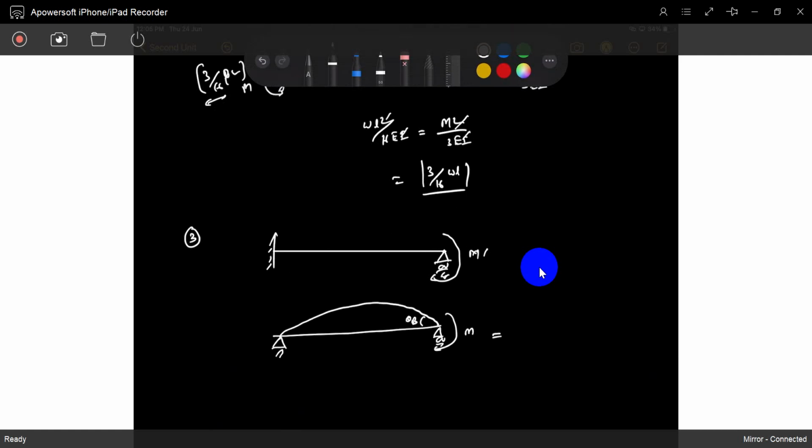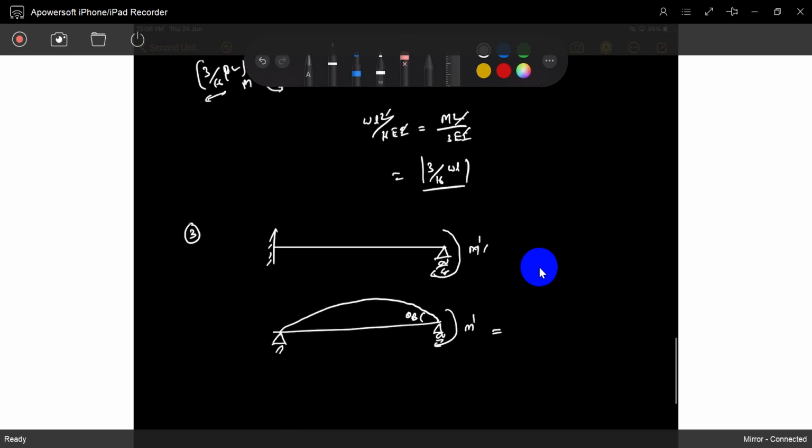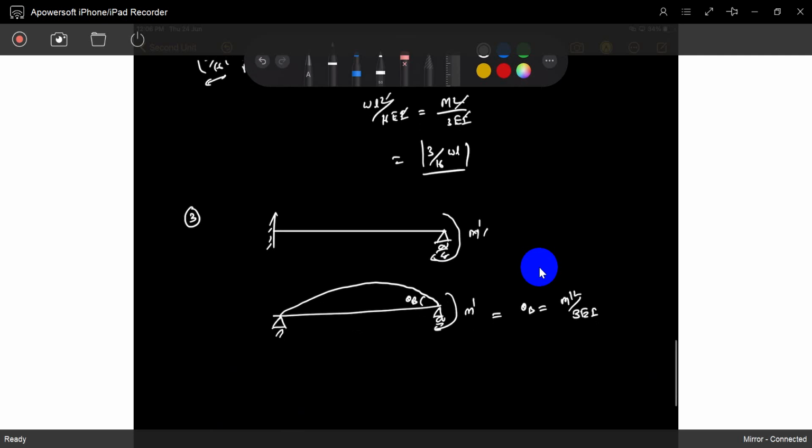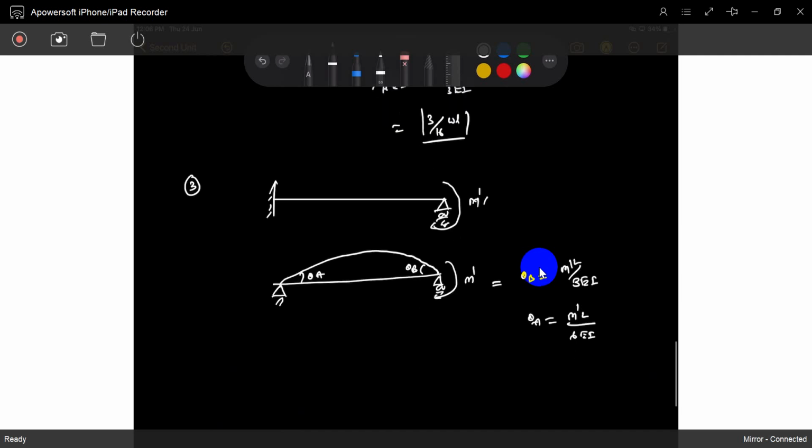I call the concentrated moment M dash, because this is also M. So theta b is M dash L by 3A, and theta a is M dash L by 6A. But the slope at A is 0, na? But the slope at A is 0.